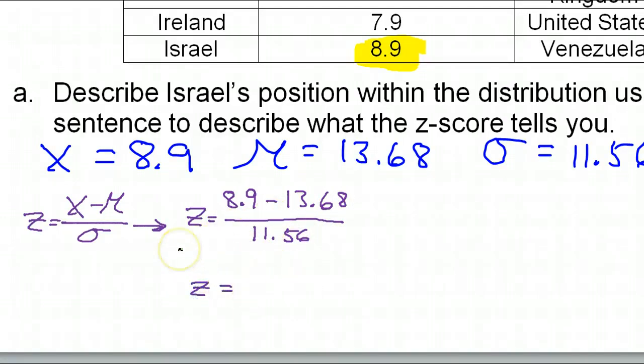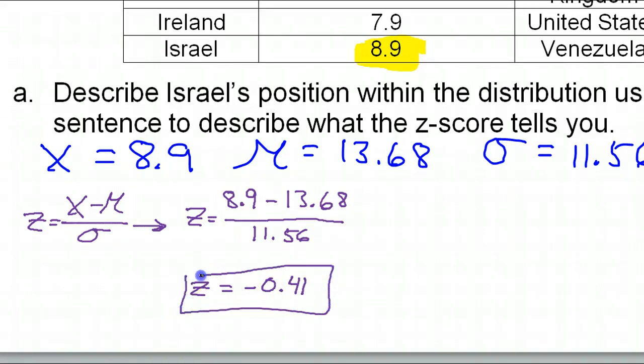Putting that in my calculator, 8.9 minus 13.68 over 11.56, I'm getting a z-score of negative 0.41. Obviously that tells me this is below the mean. It's a negative number. It's not a full standard deviation below the mean; in fact, it's not even quite half a standard deviation below the mean.